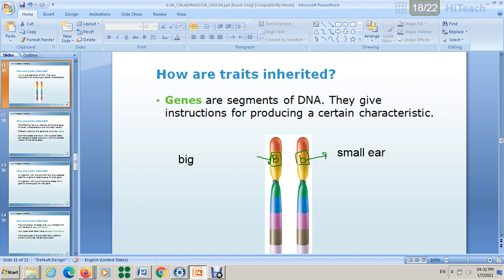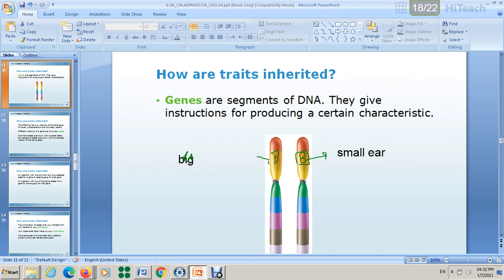How do you make the recessive trait appear? If you receive from your mom the recessive gene, imagine this one is recessive, small b, so here it will be small ears. What about if you receive from your dad also B?